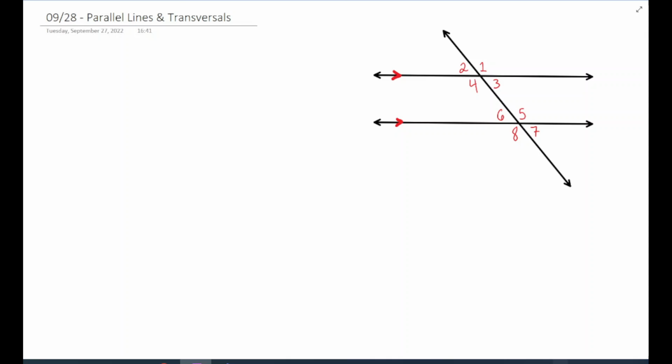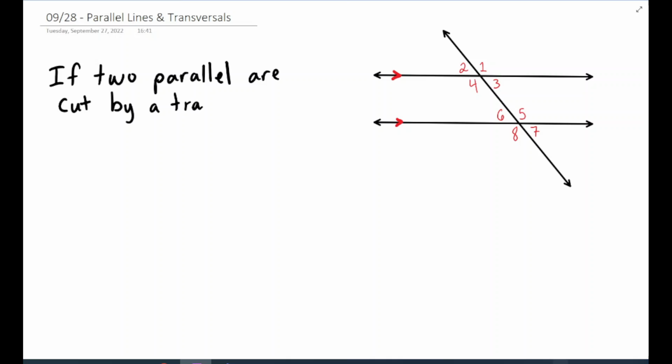We have a couple of theorems that are based off of this. All of these theorems start off the same way. If two parallel lines are cut by a transversal, then... Notice we are using the conditional statement.